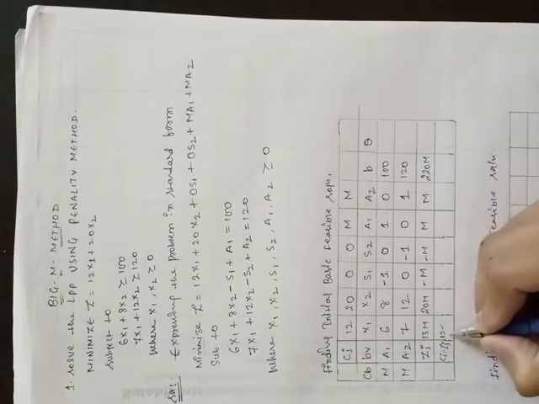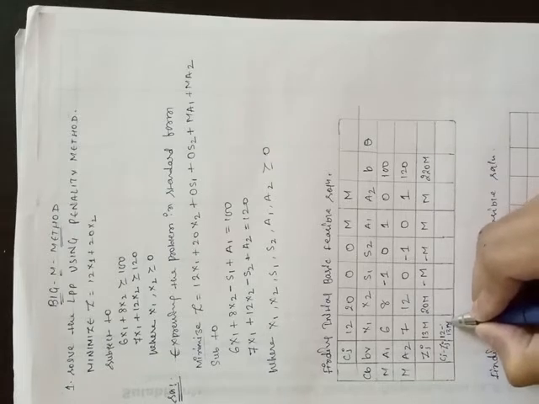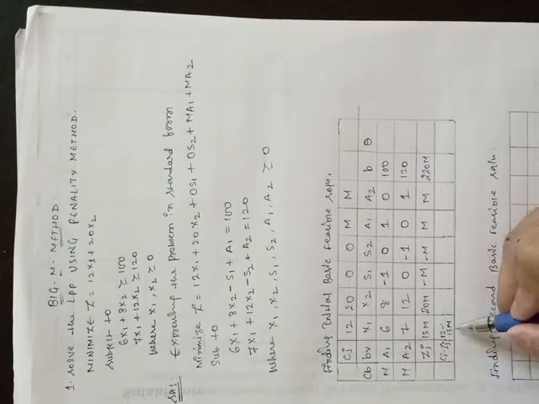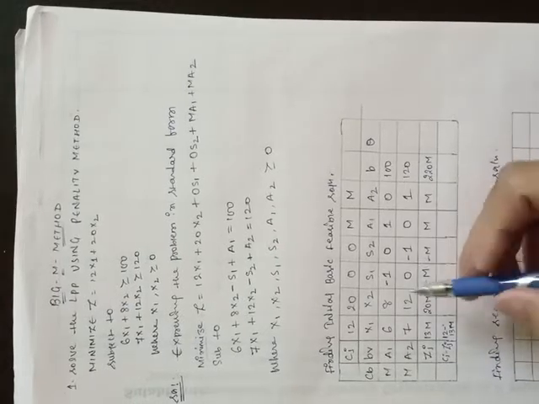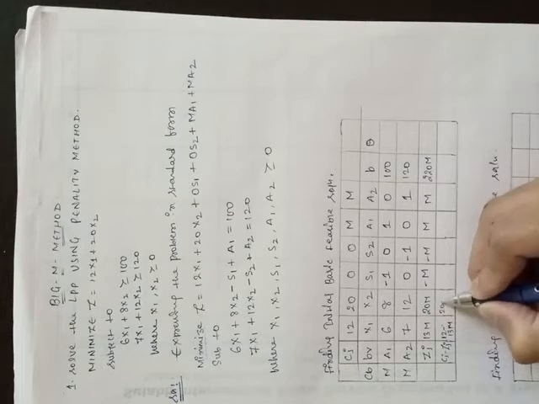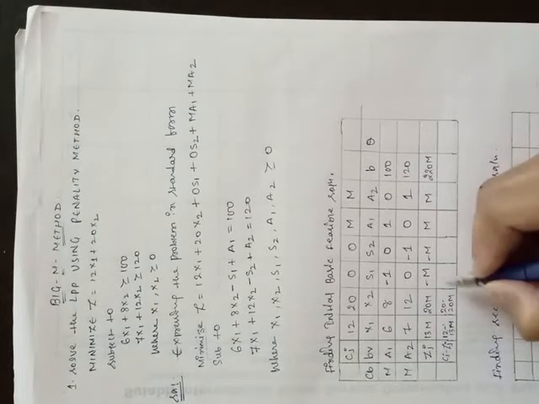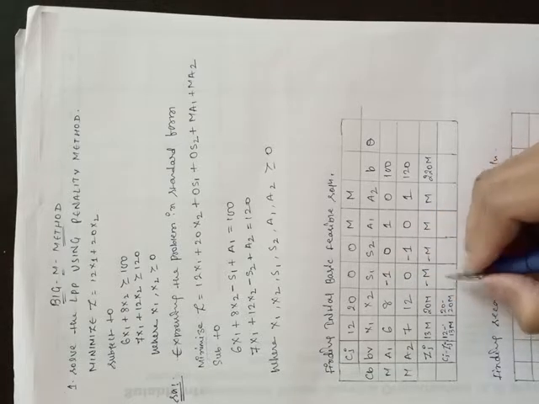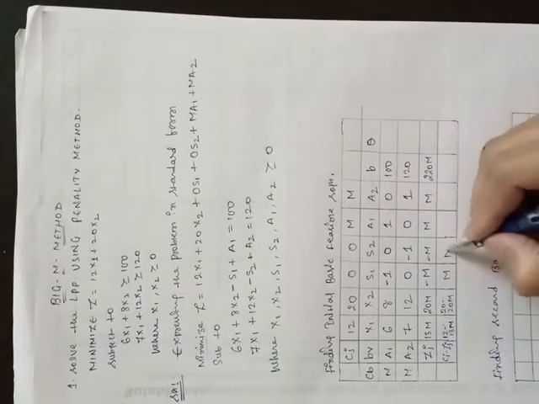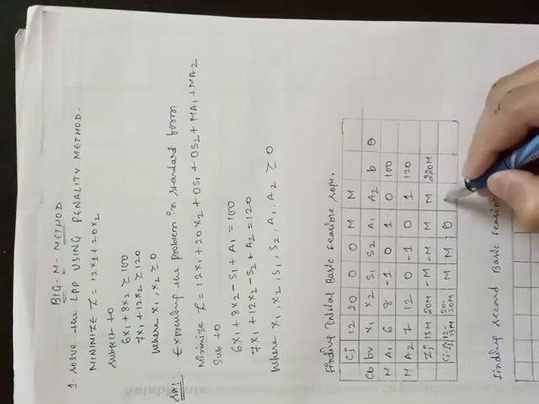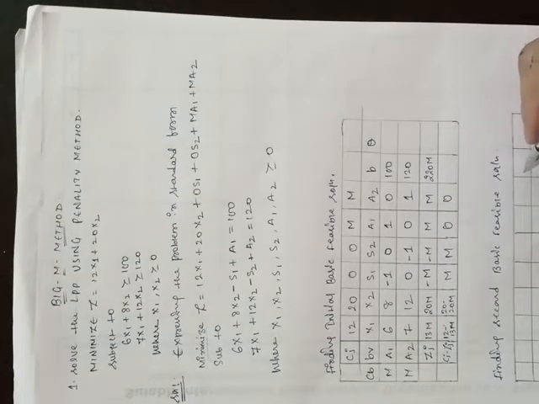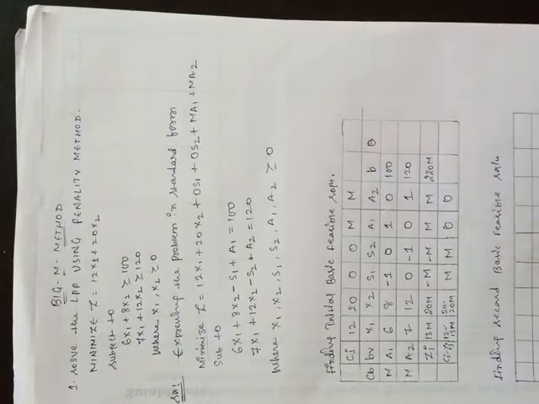In the big M method, in the Cj minus Zj row we consider the 13M itself; we can't consider the 12. For x2, 20 minus 20M. For s1, 0 minus (-M) gives M, for s2 again M, and for a1 and a2, M minus M, that is 0.